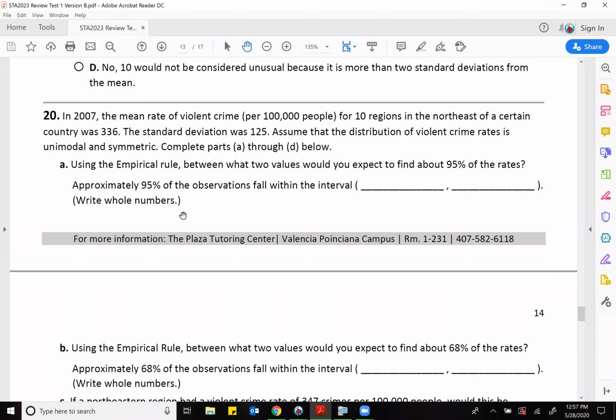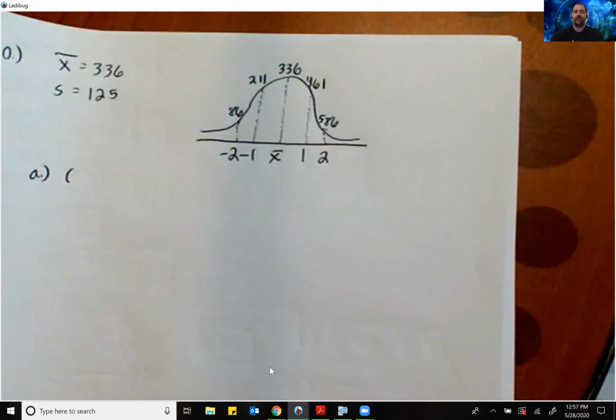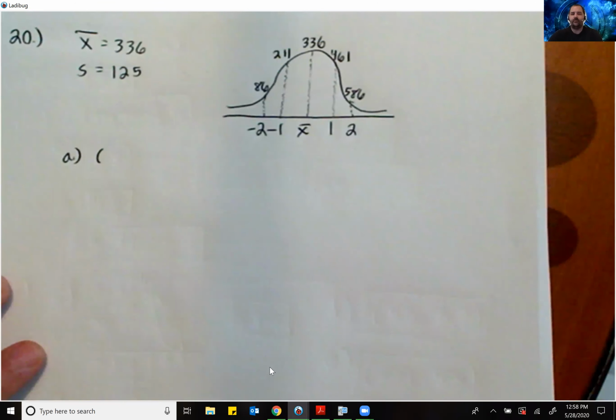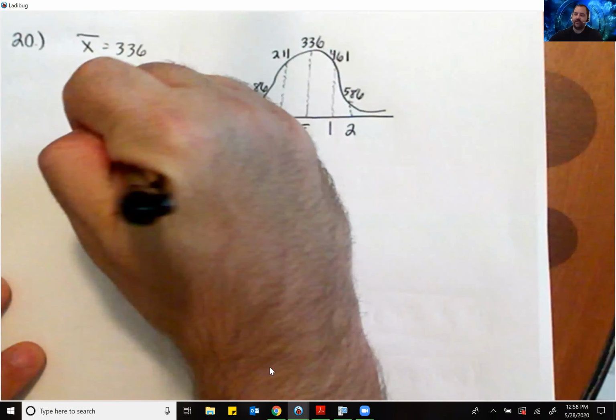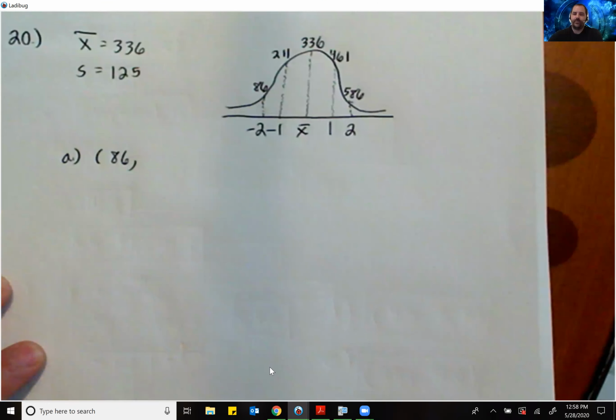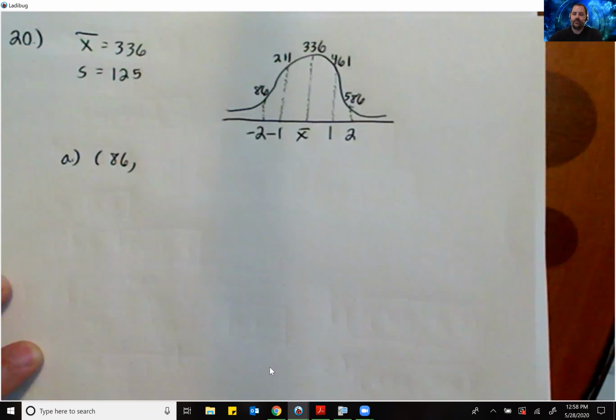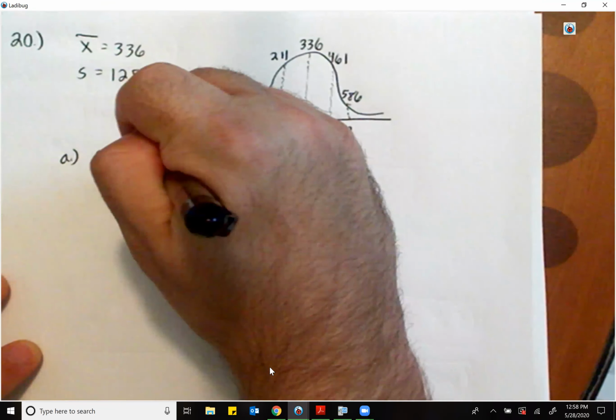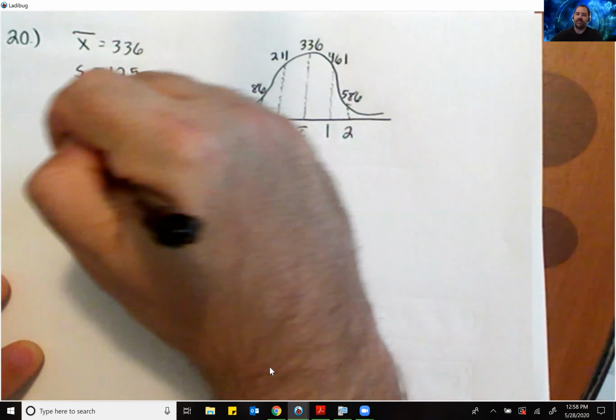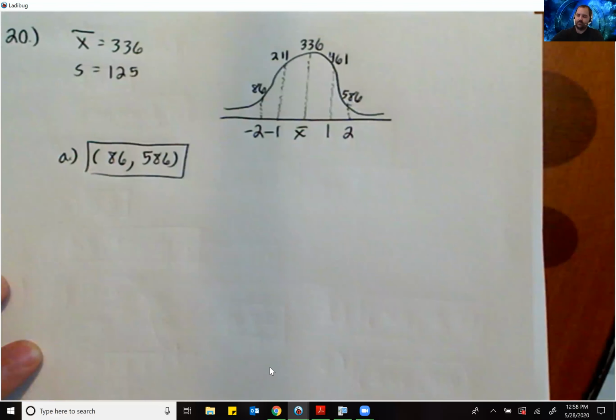So where do two standard deviations begin below? 86. And two standard deviations above? 586. You got it. Boom goes the dynamite.